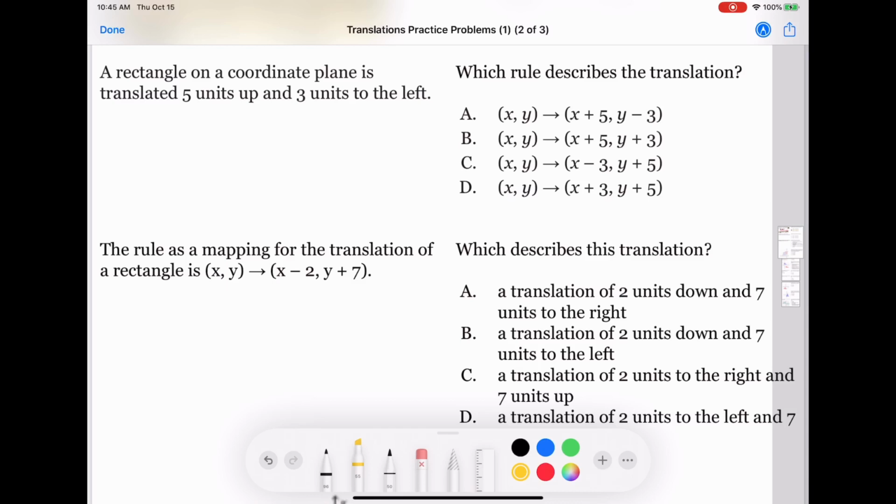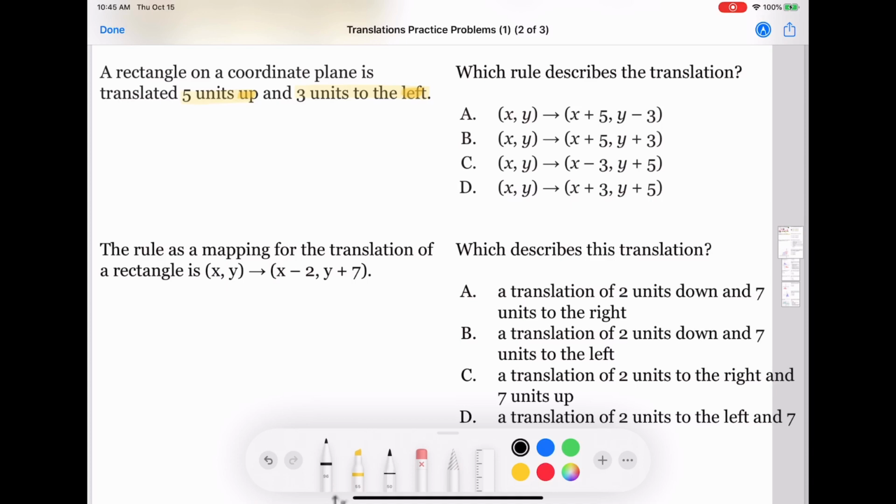This problem states that a rectangle on a coordinate plane is translated 5 units up and 3 units to the left. Well, we have been given information about how our image is going to move. We have been told that we're going to move 5 units up and 3 units to the left.